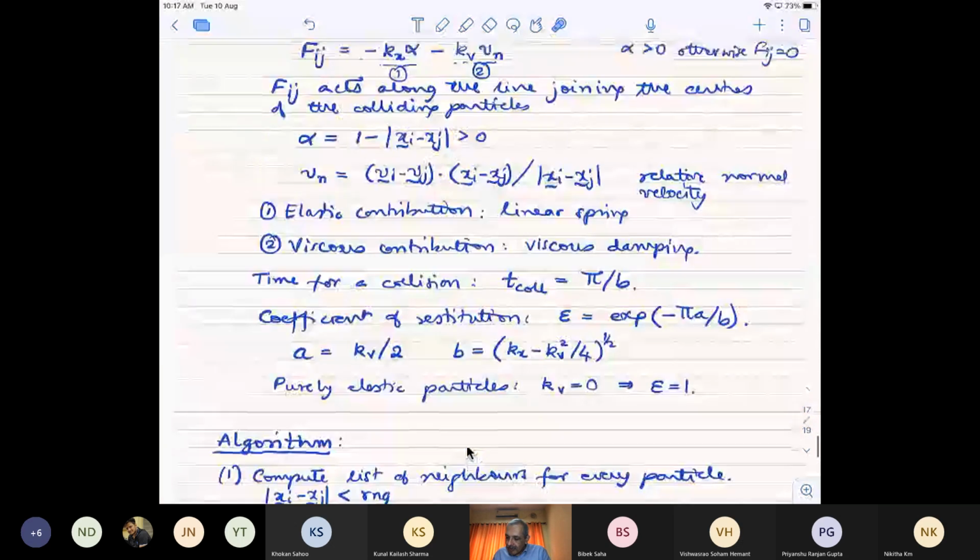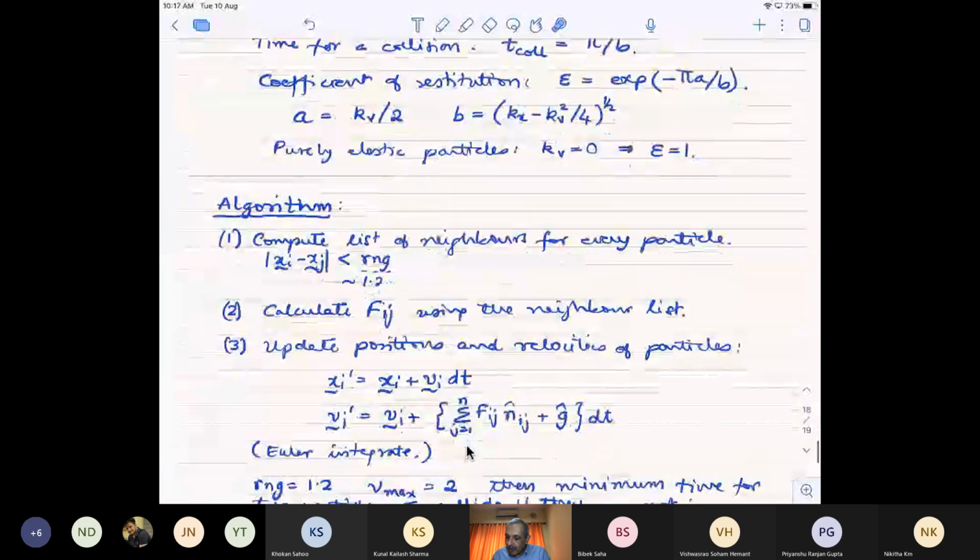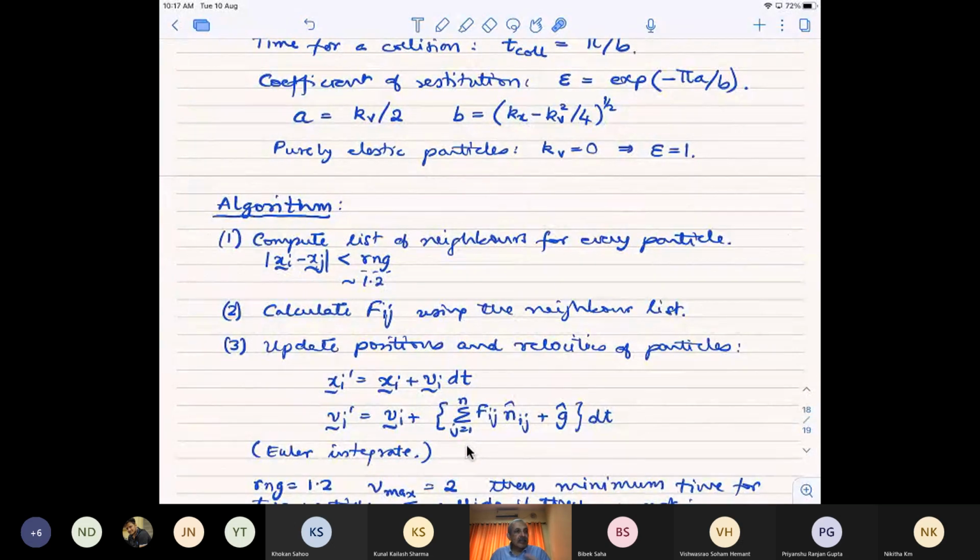So this is a very, very straightforward sort of method, and it's just straight numerical integration of the original governing equations. Unlike in hard particle, where you could get some part done analytically, here that's not possible.